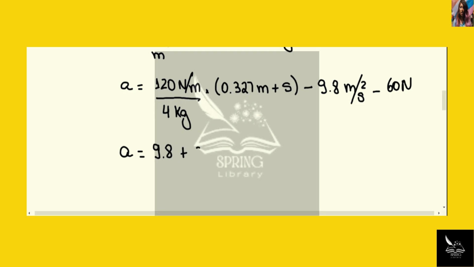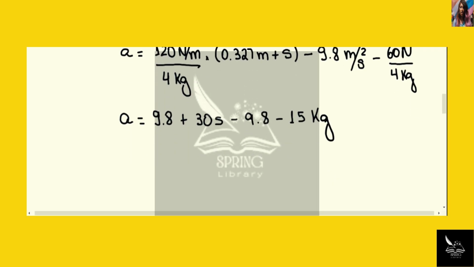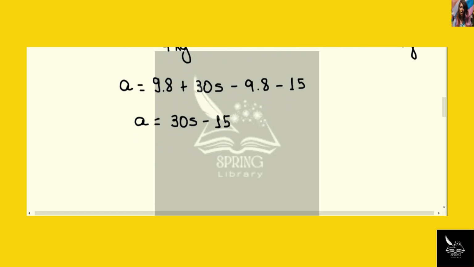And actually, the 60 here should have been divided by 4 kilograms, I'm sorry for that. So it's minus 15 meters per second squared. So this is equal to 30s minus 15. Now notice that this is the value of the acceleration.